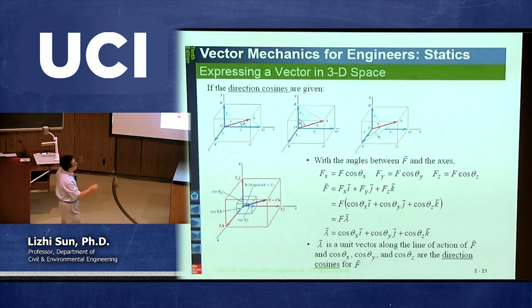Or if we know theta y, we can easily calculate Fy. Or if we know theta z, we can easily calculate Fz, which are the components corresponding to the three axes, right?